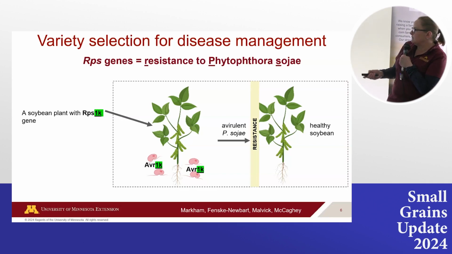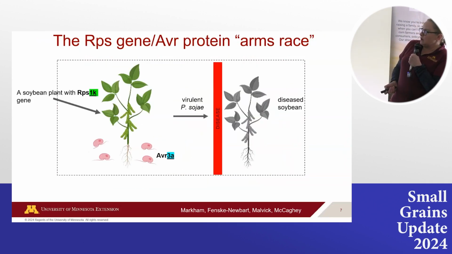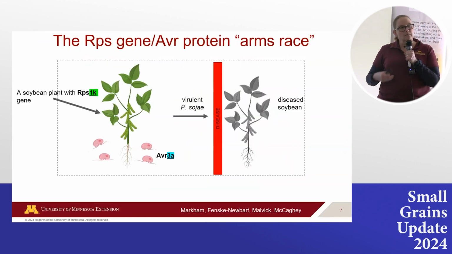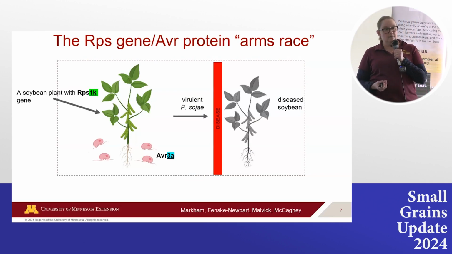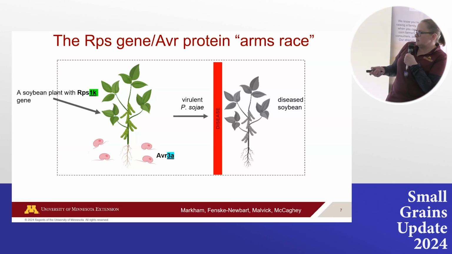resistance works. Unfortunately, though, over time, with repeated cycles of infection, there's a lot of spores that are produced, and just through random mutations, sometimes you can have changes in our AVR genes.